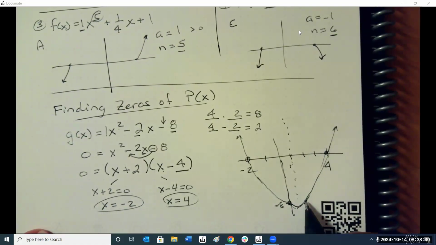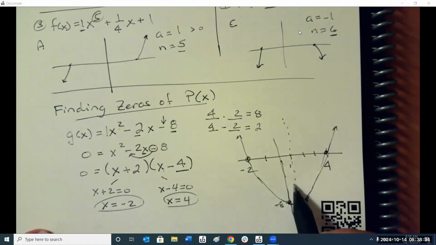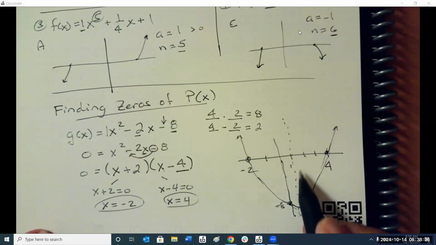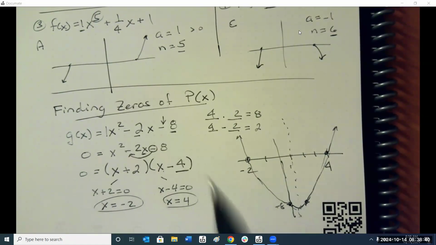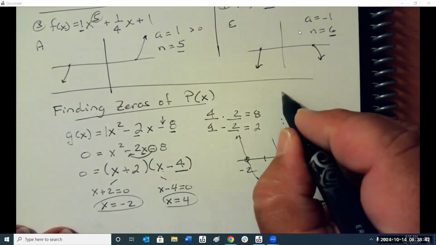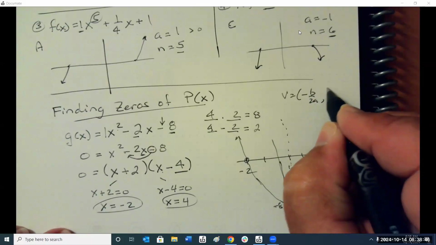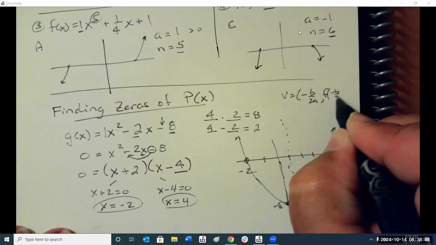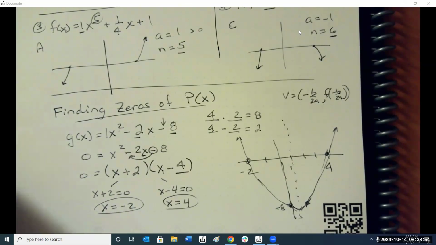And then there has to be another point at (2, -8), because the axis of symmetry is at x = 1. So here, to find the vertex, we can use -b over 2a and plug that in there. But again, that only works with quadratic equations.